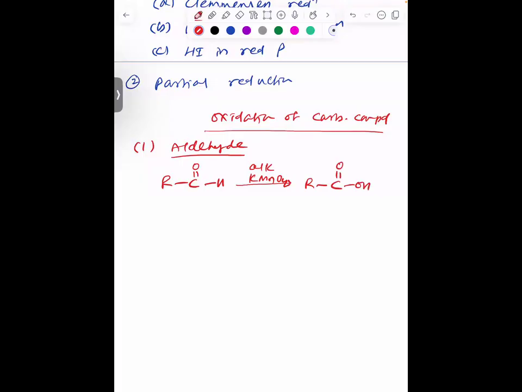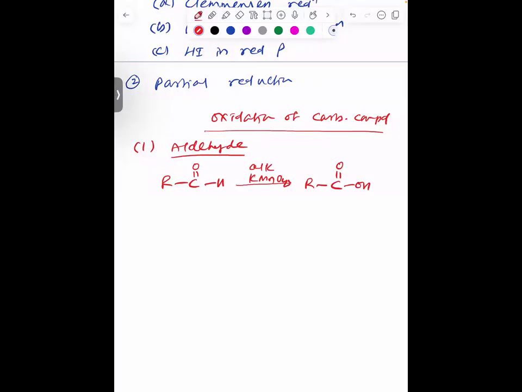So aldehydes are easily oxidized to give carboxylic acid. Write down: aldehydes are easily oxidized to give carboxylic acid.